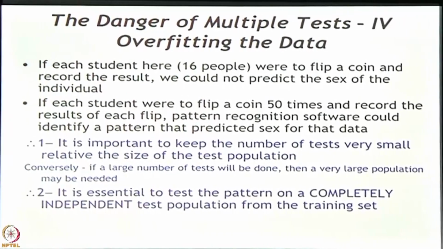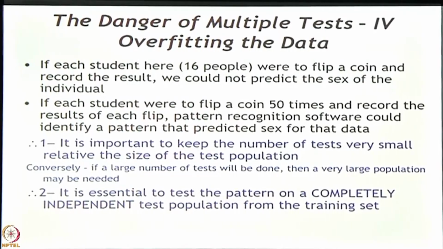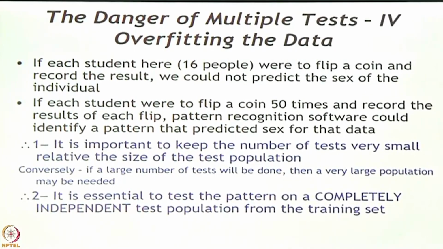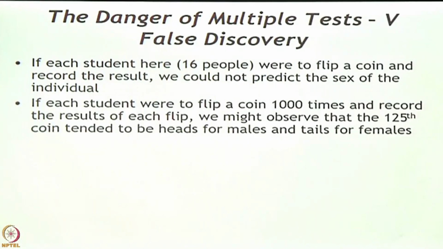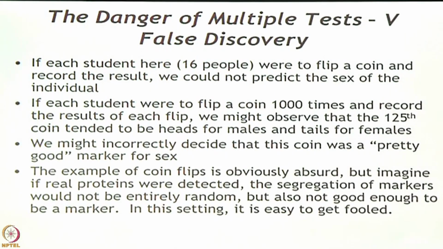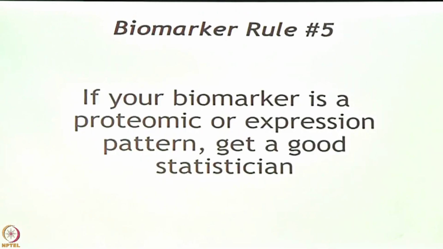If you have a study of 100 individuals, 50 cases and 50 controls, but you're testing 10,000 variables, you have this risk of what's called overfitting. And that's why you have to repeat the study in a completely different population. So if your biomarker is a proteomic or expression pattern, the bottom line is get a good statistician.